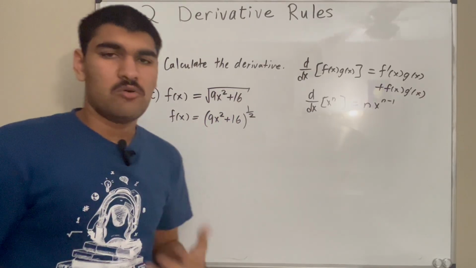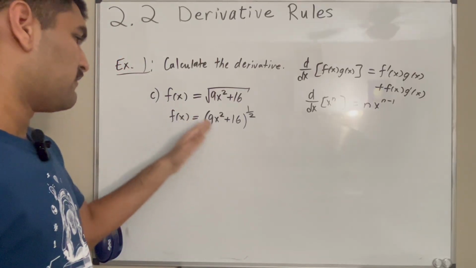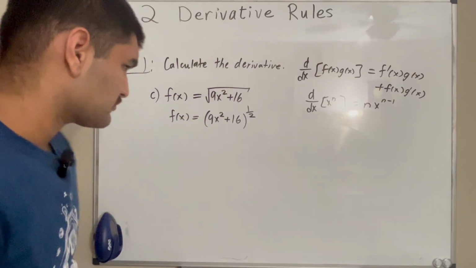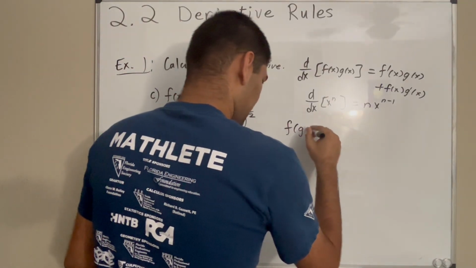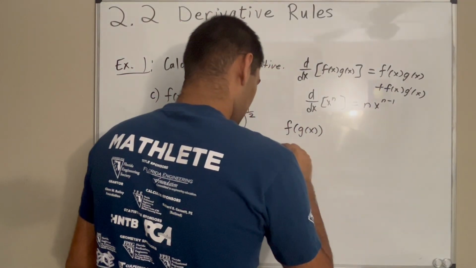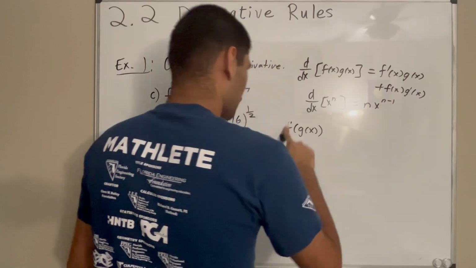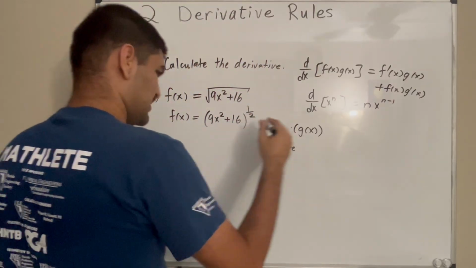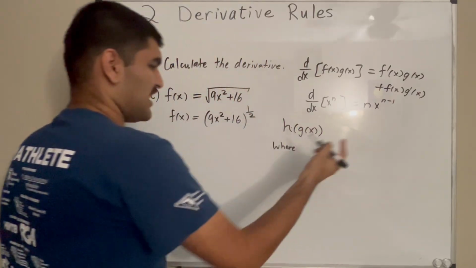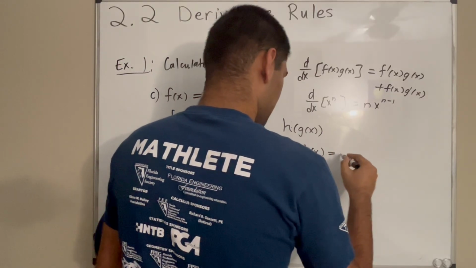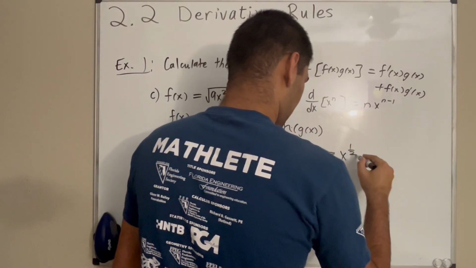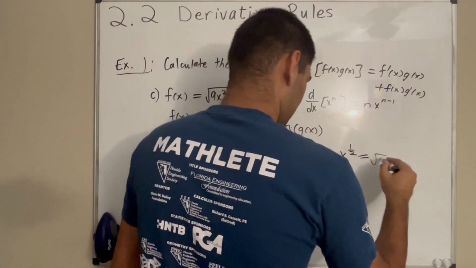So essentially, in order to differentiate this, you need to use the chain rule. Because we have h of g of x, since this function has f of x. So we have h of g of x, where we can say h of x is just equal to x to the 1/2 power, in other words, the square root of x.